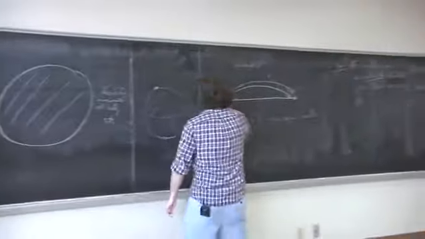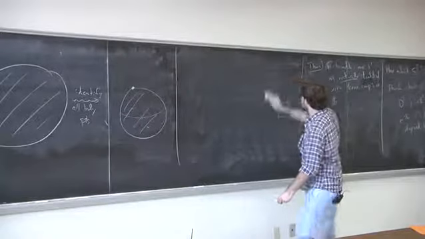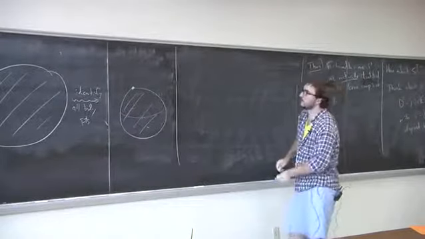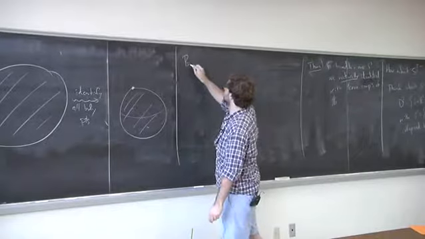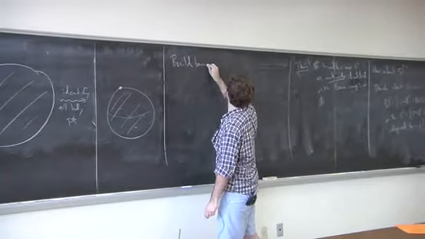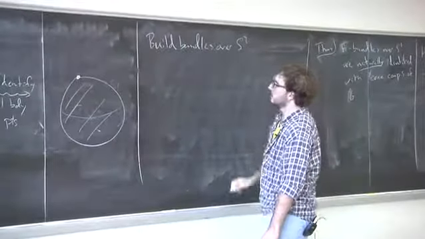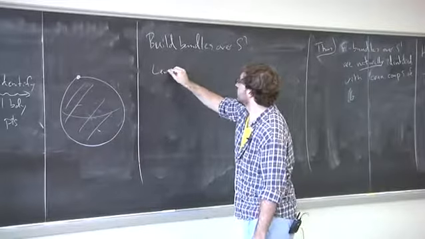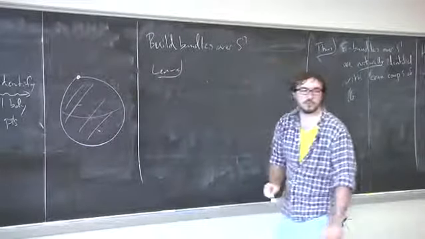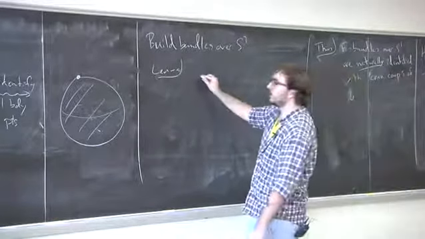So now, let's try and build some bundles over S2. Well, just like before, this two-dimensional disk is a simple enough space where all bundles over it are trivial.